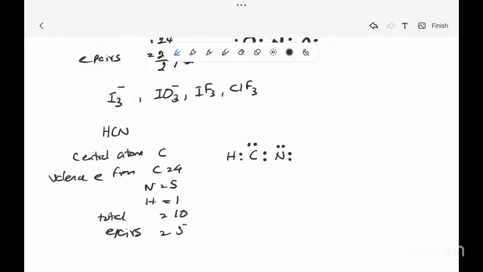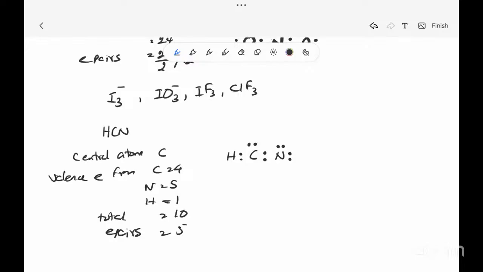So carbon has 4, nitrogen has 5, and hydrogen has 1.